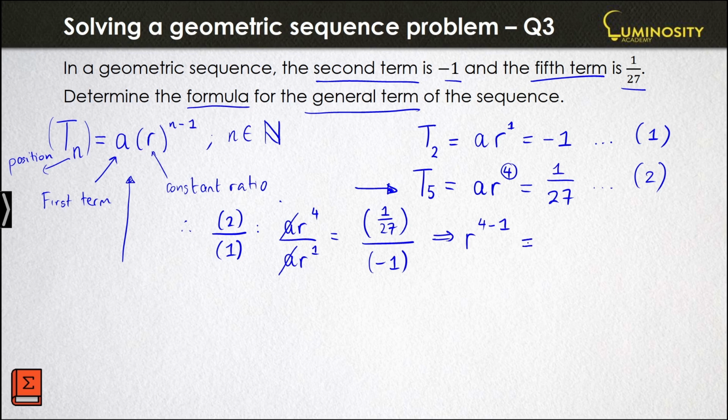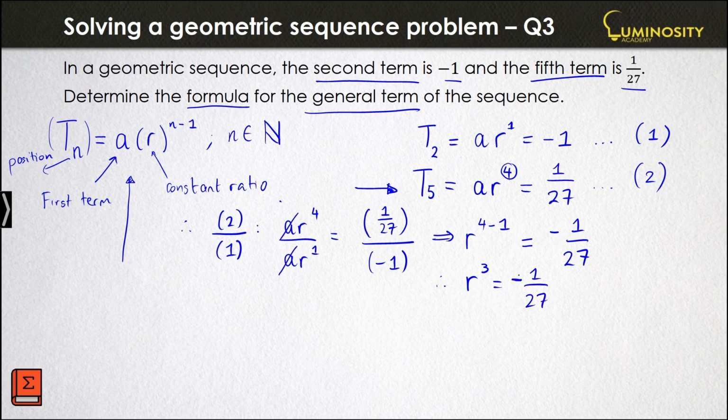On the right hand side, we have 1 over 27 divided by -1. Anything divided by 1 is that same number, but in this case it's the negative of that number because of -1. So this becomes -1 over 27. Therefore, we have r to the power 3 equals -1 over 27.